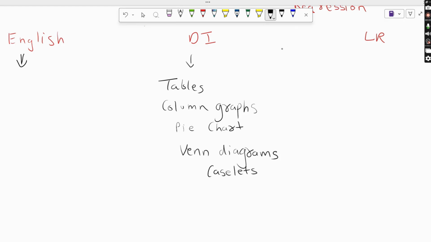The syllabus of logical reasoning also has a lot to it. It firstly starts from the number and letter series, which is basic.